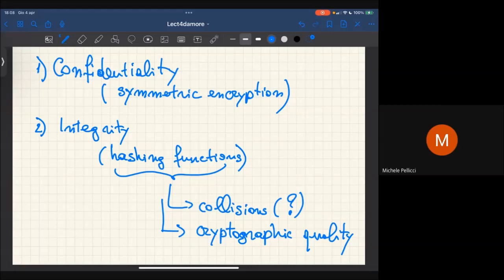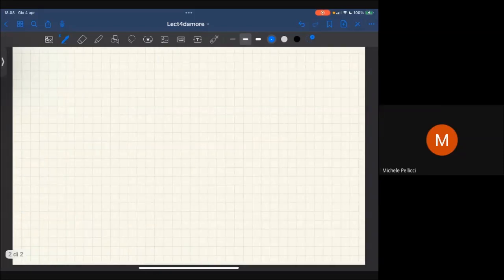Now it is time to see public key cryptography.